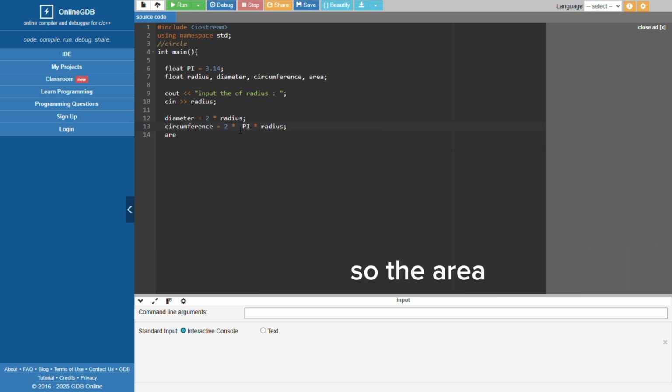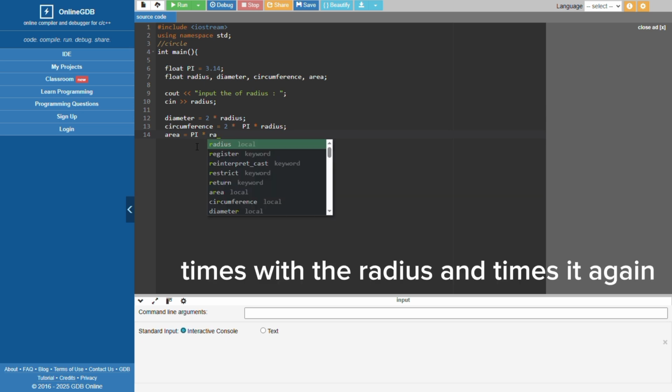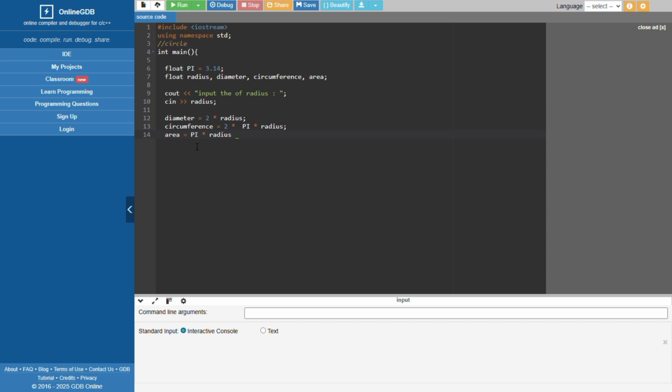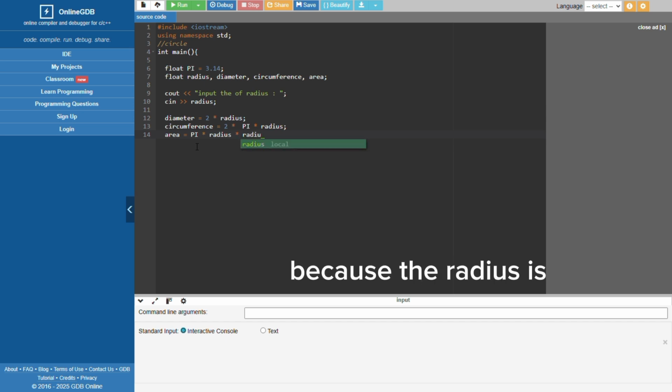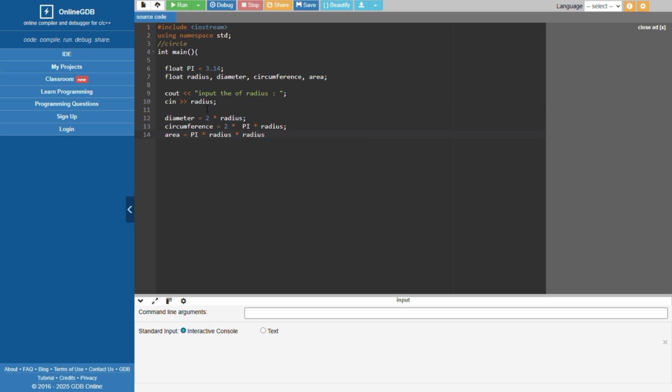So the area, to solve the area, we must use the pi times the radius and times it again, because the radius is squared.